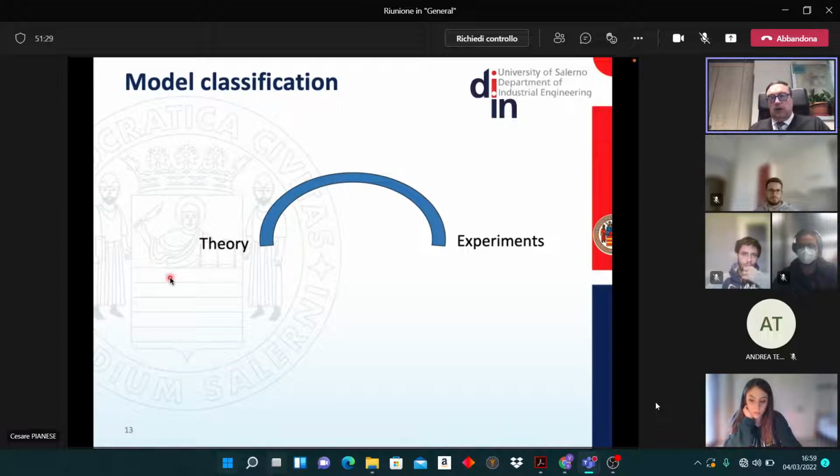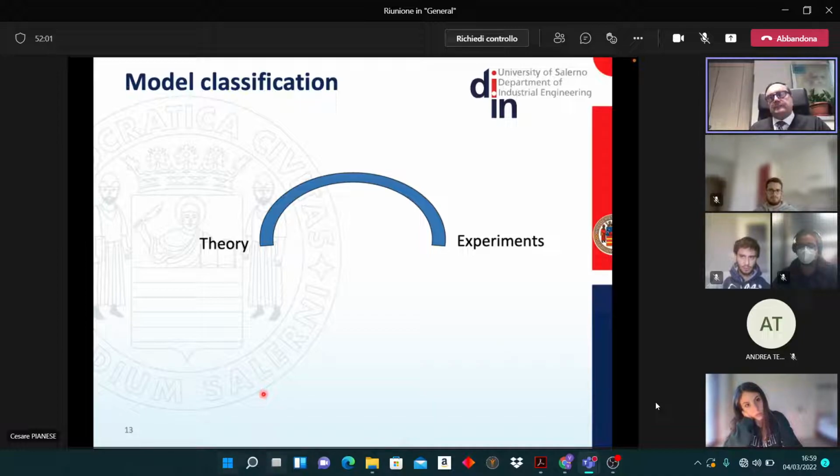One important point is the model classification. We have already said that we may have different kinds of models, and the simplest example I gave to you is the 3D Navier-Stokes equations.